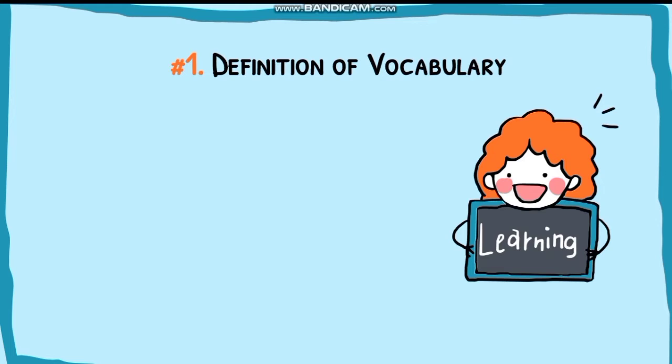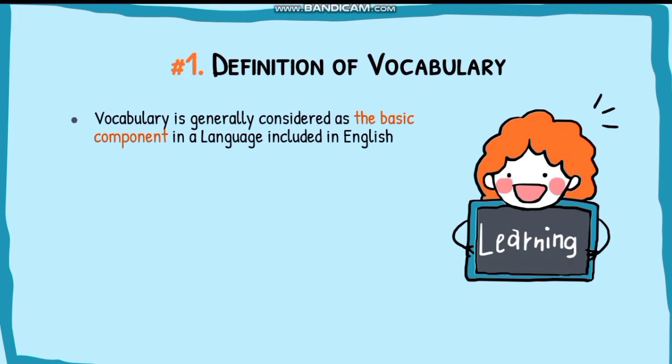Number 1 is definition of vocabulary. Vocabulary is generally considered as the basic component in a language, including in English. Because vocabulary is an important component that supports understanding of the four skills in learning English.